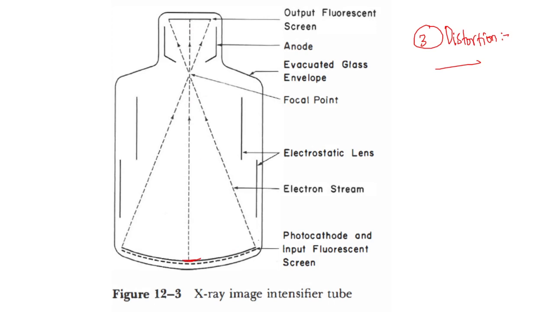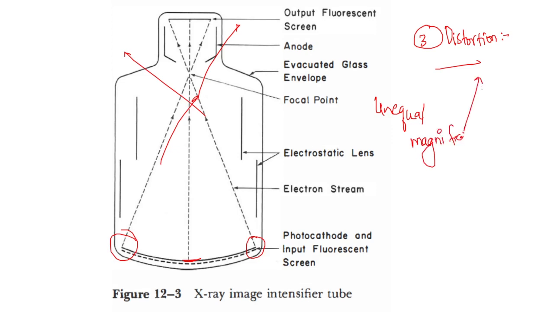But the peripheral electrons sometimes may not strike the output phosphor. They may deviate from their ideal course and go in different directions. When they do, this results in unequal magnification, and this unequal magnification results in peripheral distortion.